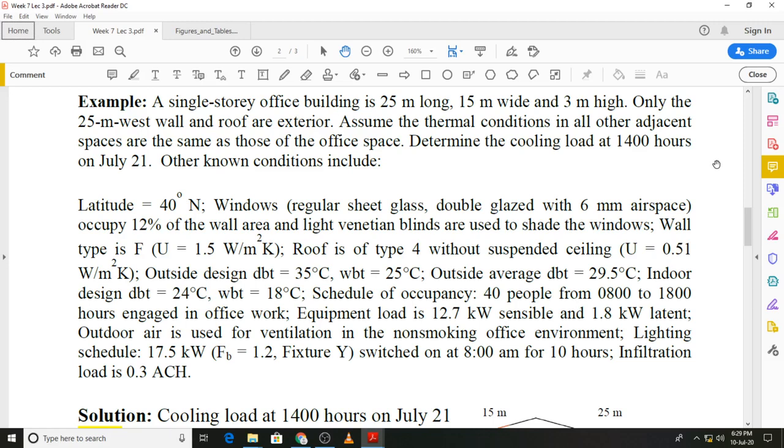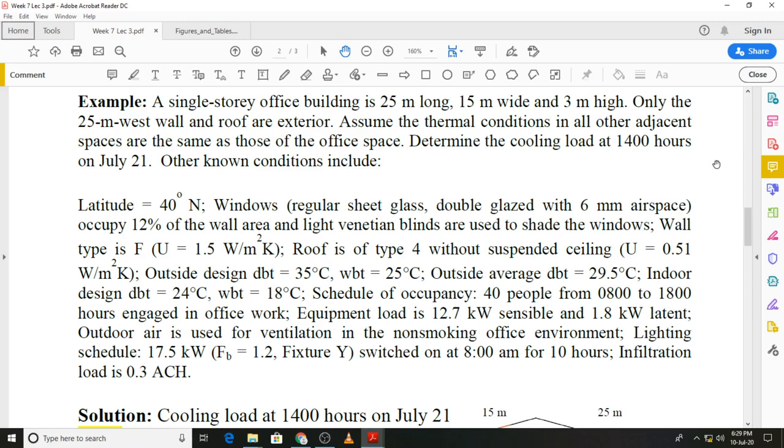If you recall, the loads can be divided into two broad categories, that is the external loads or loads from exterior surfaces, and the internal loads. Exterior surfaces are those which are directly exposed to the solar radiation. In addition to that, you will have the ventilation load.